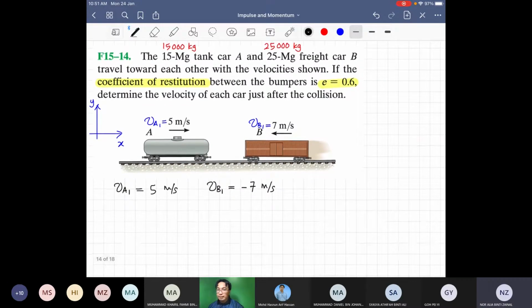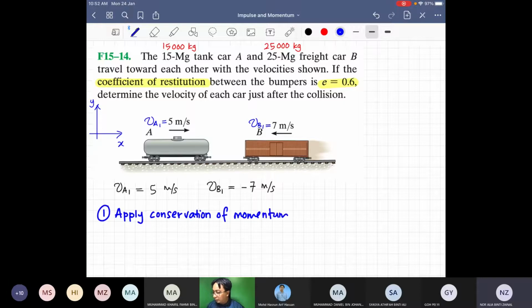So remember the first step yang saya dah share tadi is to apply the conservation of momentum. Conservation of momentum ialah summation of mv1 sama dengan summation of mv2.